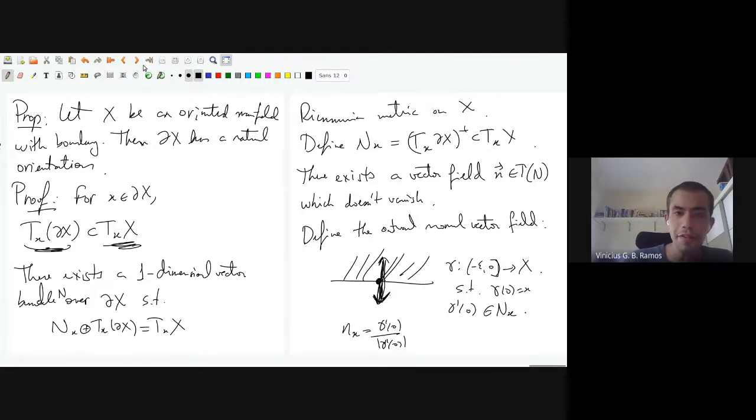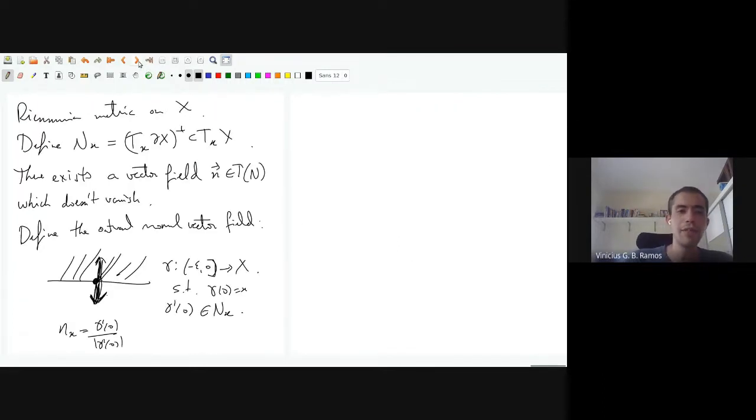Okay, so if you take this outward normal vector field, then you can define an orientation. You can see an induced orientation.